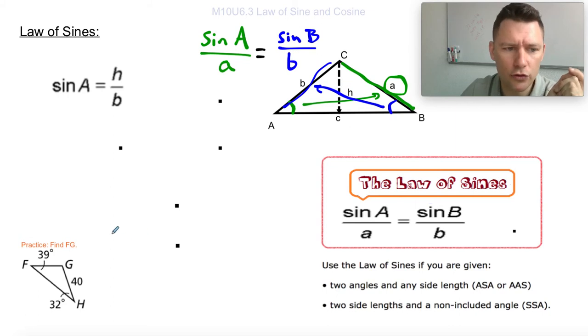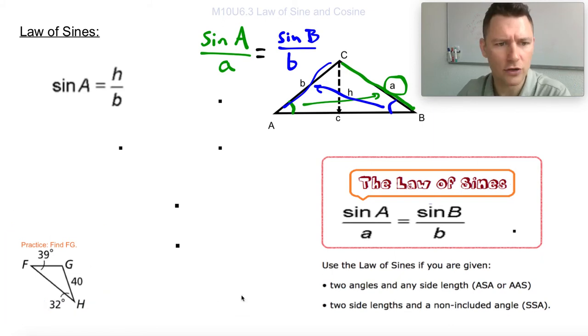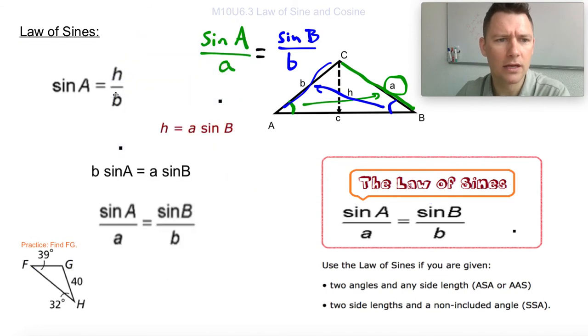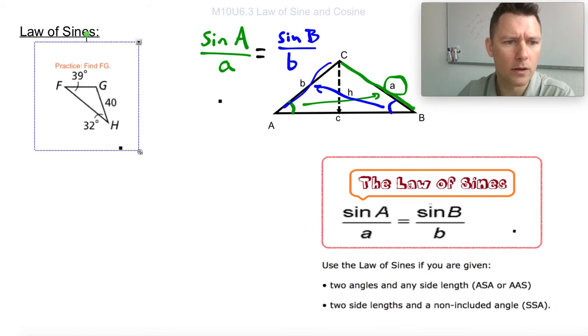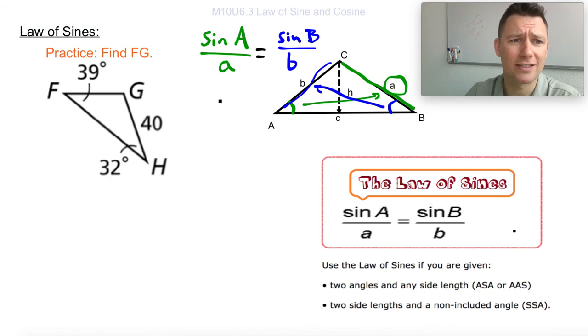Okay, so we're going to try it with this practice question, on the next page. Let's get rid of some of these things and give it a shot, just so we can be confident in it. Let's blow this up a little bit. We're trying to find FG, which is a side, so let's call it this side.